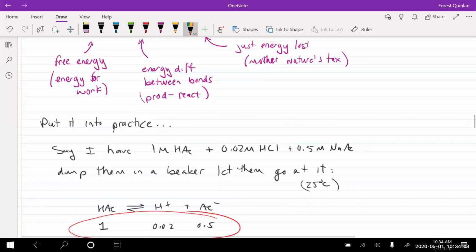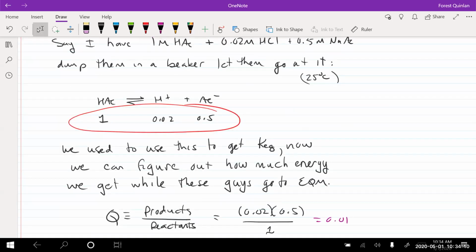We then took a look at a system that we would normally look at in an equilibrium case, trying to figure out what the KEQ of this thing is, and we have to shift and so on. And I said, let's look at it not from that aspect, but from the energy aspect. If I dump all these things into a beaker, clearly we're out of equilibrium. I just want to know how much energy is coming out of that.